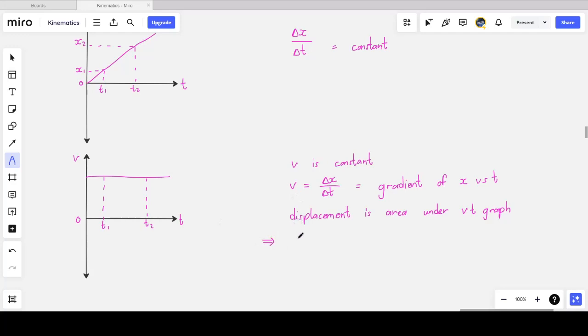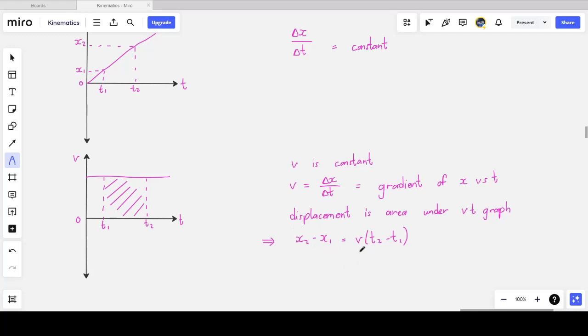Which means that x2 minus x1, the distance I would cover if I were walking from x1 to x2, is equal to the constant velocity v times t2 minus t1, the area of that shaded rectangle. We know this to be true: if I'm moving at constant velocity, then distance is speed times time.